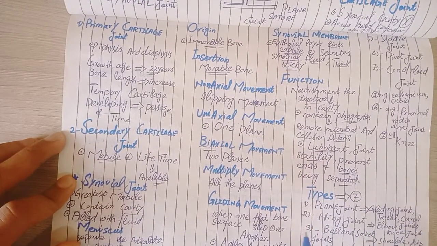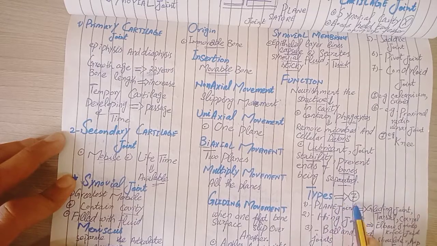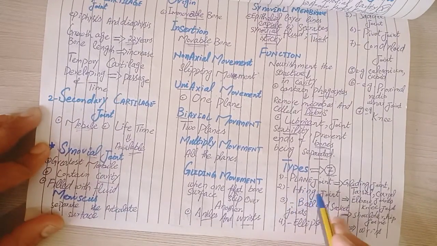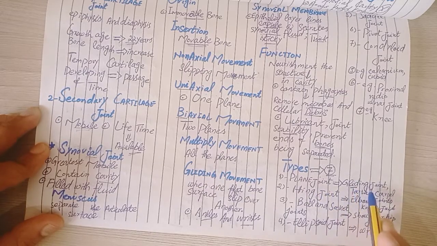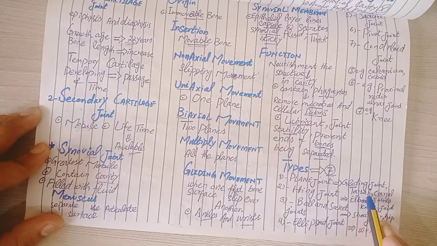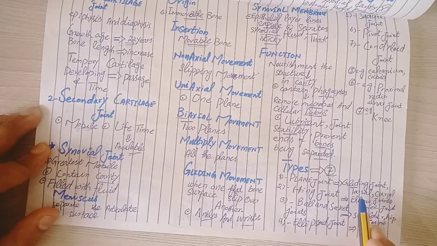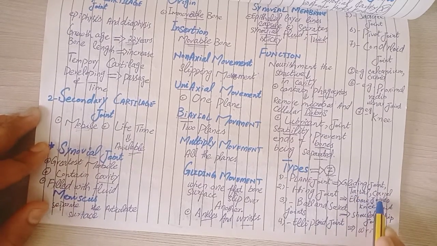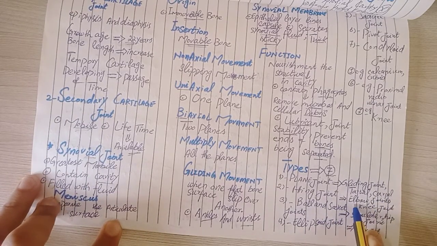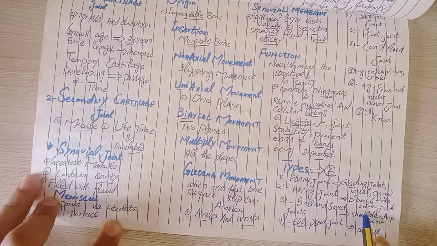Types of synovial joint: seven types of synovial joints are present in our body. The first type is the plane joint, also called the gliding joint. In a gliding joint, there is no angle change. Gliding joints are present in tarsal and carpal bones. Hinge joints are present in the elbow and knee joints.